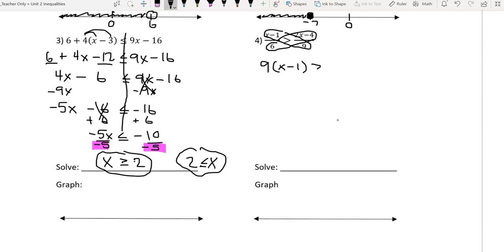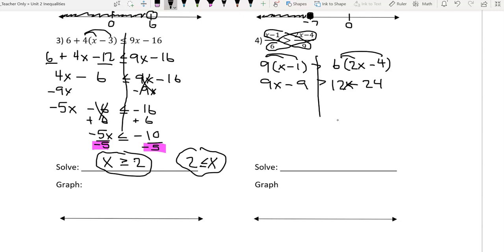And on the other side, it's also mandatory that 2x minus 4 stays over here. But you still cross multiply, so it'd be 6 times 2x minus 4, okay? And then 9x minus 9 and 12x minus 24. Forgot an x. That's an x, okay? And then solve.